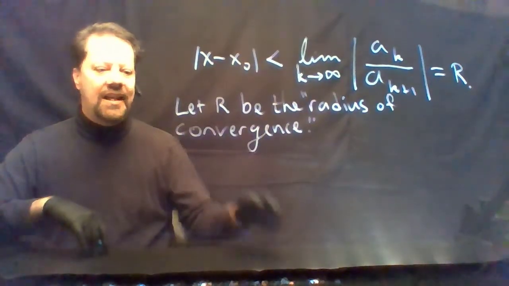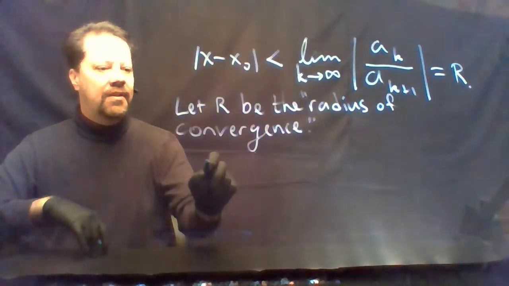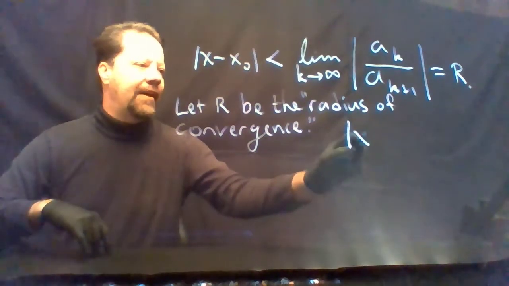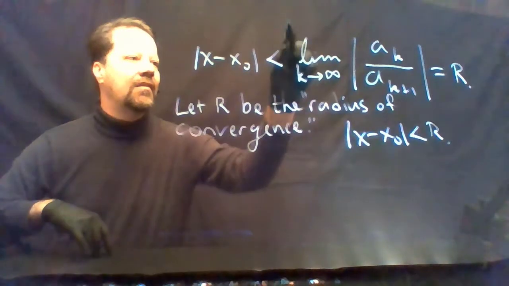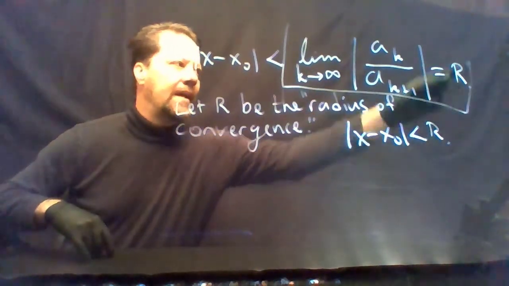As you can see, we only get convergence when the absolute value of x minus x naught is less than r. This is a formula, by the way, you need to remember.